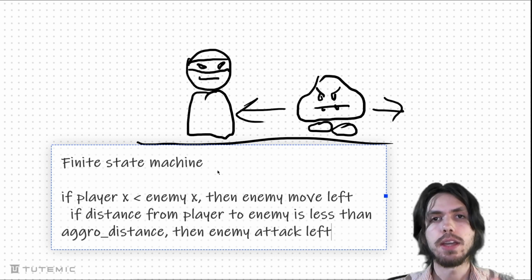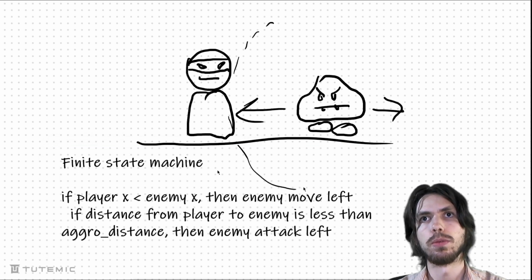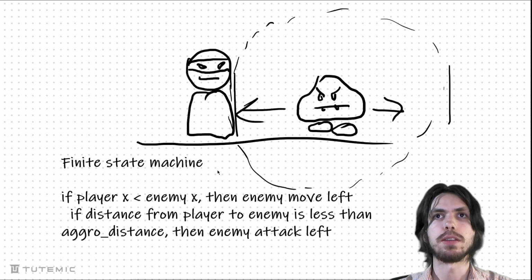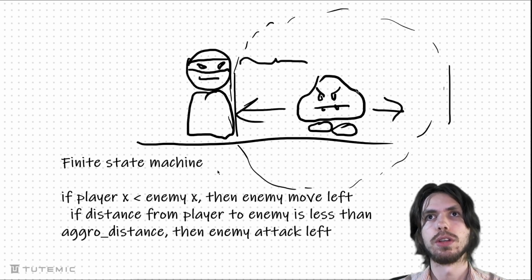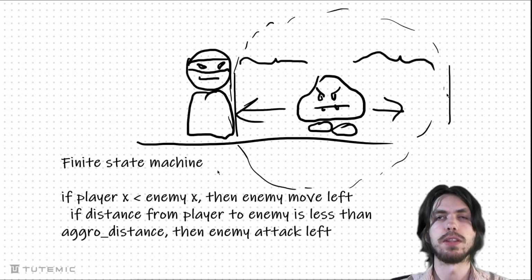So is it now in the attacking state if you're within that range, right? In this case, distance is just horizontal, right? We're just talking about X. And then there's this aggro range that we're checking for. If the distance is less than the aggro distance, then we perform an attack, right?